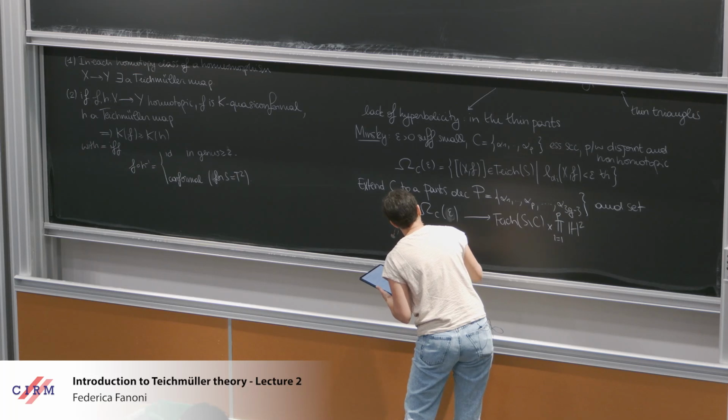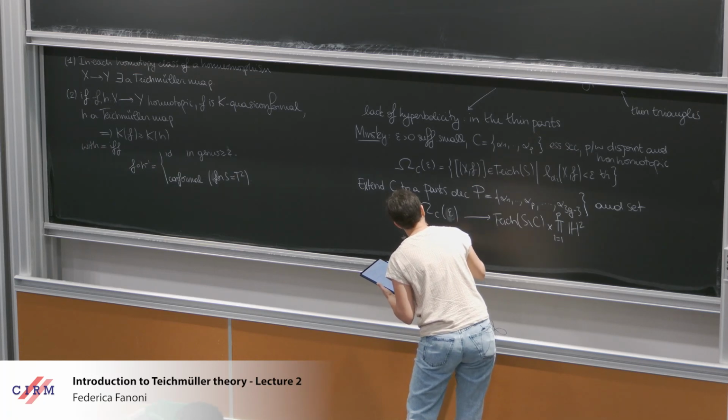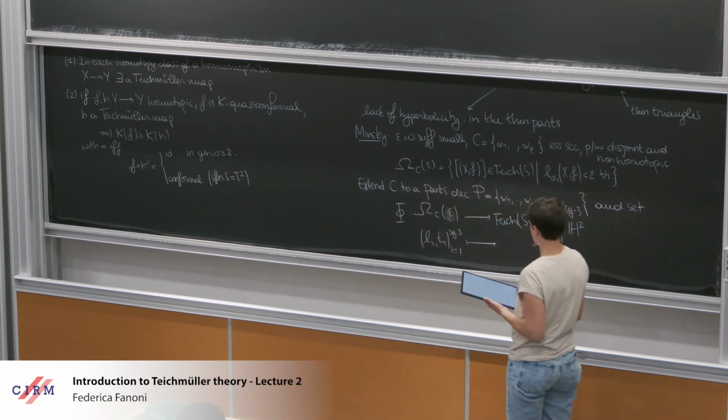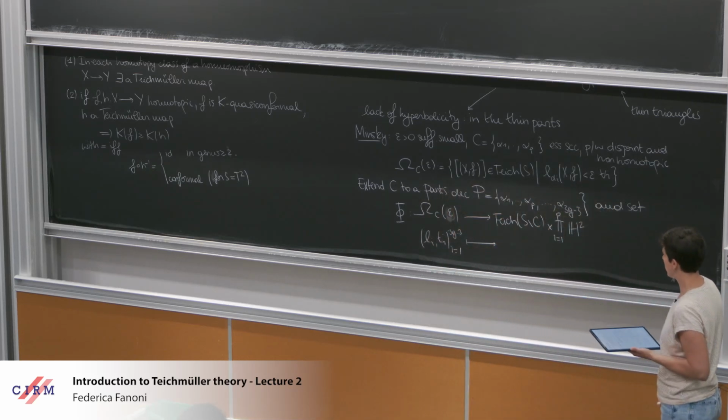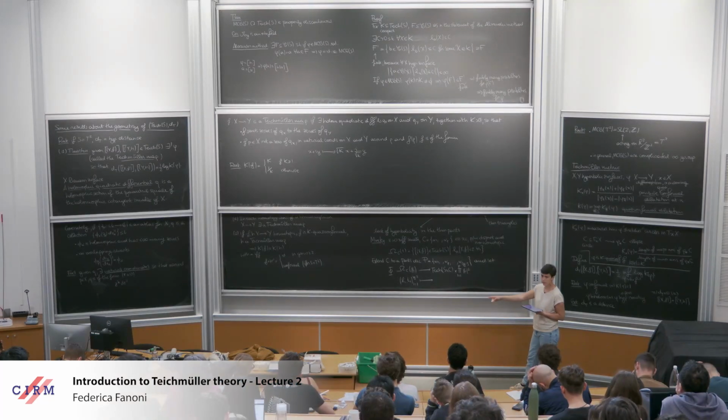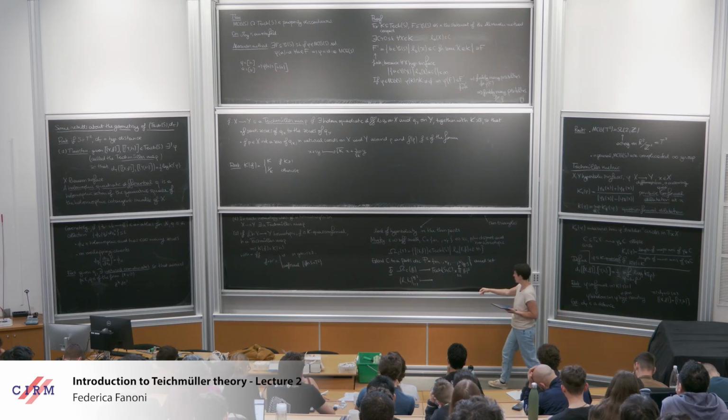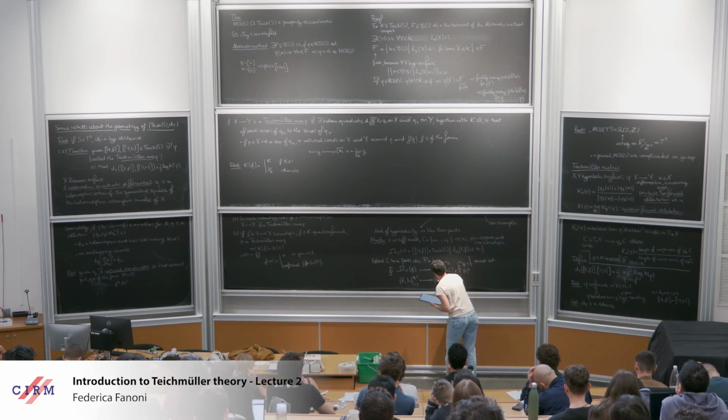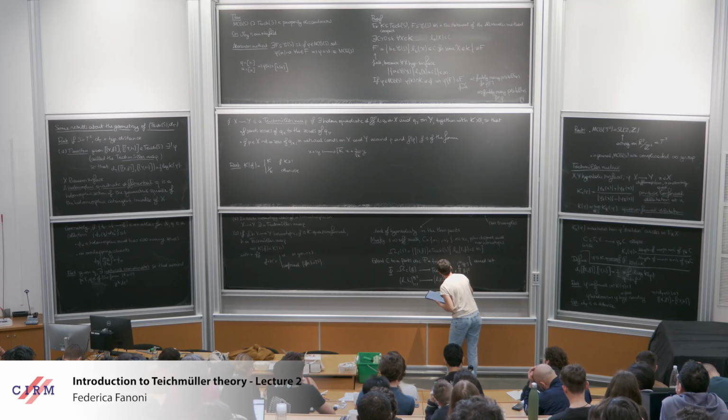I have the l_i, t_i. What I do is, if the curve is not one of the curves, I just use these coordinates to define the surface. So these are the l_i, t_i for i between p plus 1 and 3g minus 3.